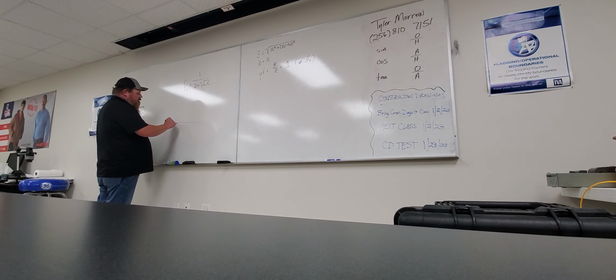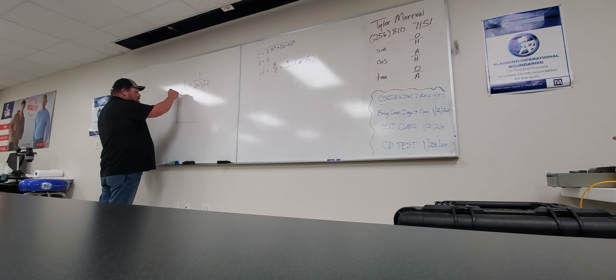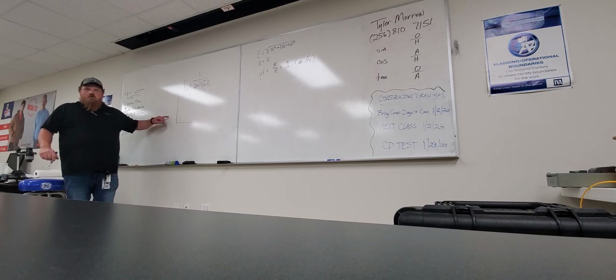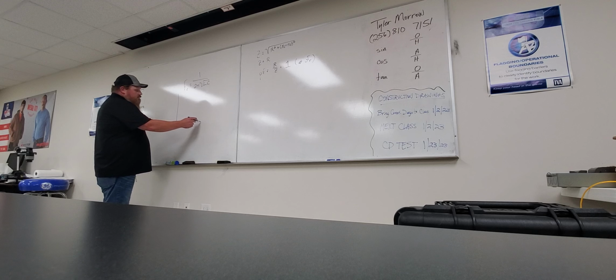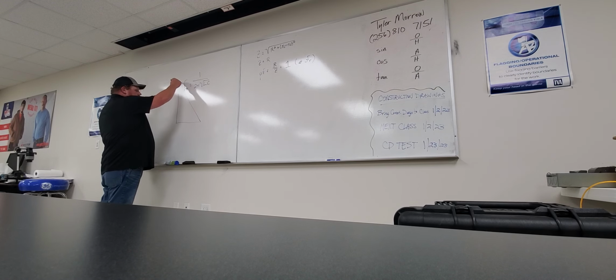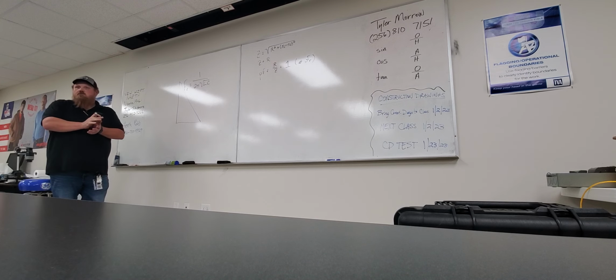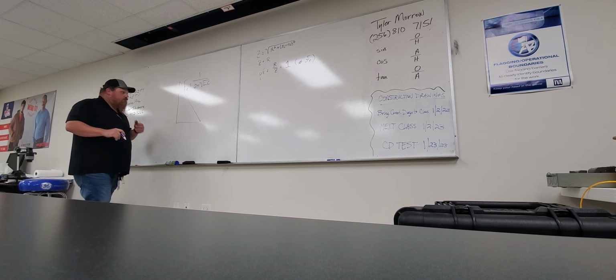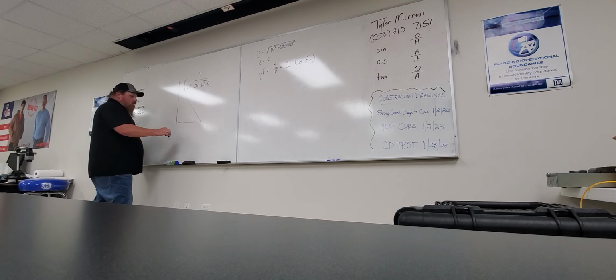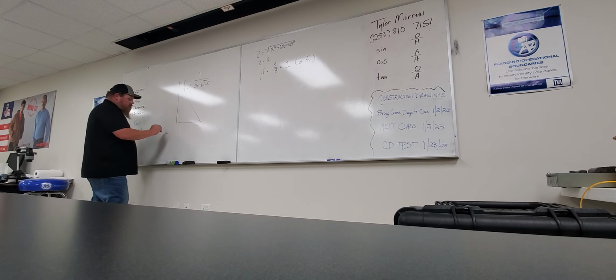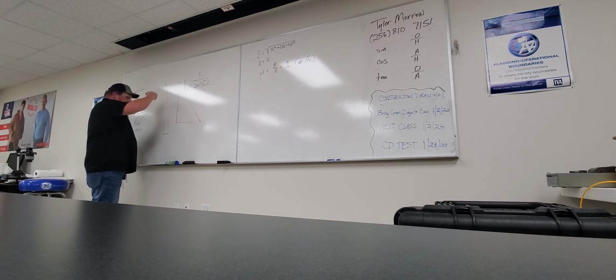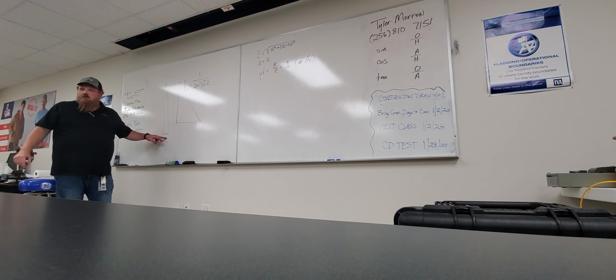If we have a long reactive line with a lot of reactive power, this angle here gets bigger and bigger, right? Or even if it's a short resistance and super long up here, you're getting closer and closer to 90 degrees there, right?